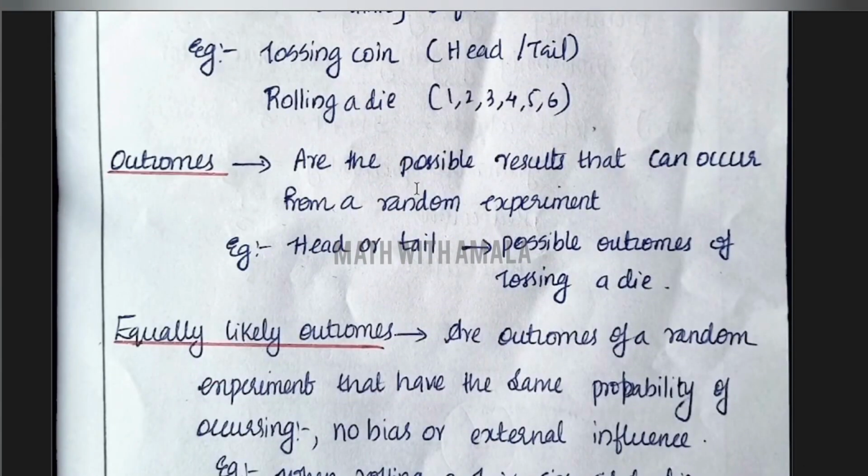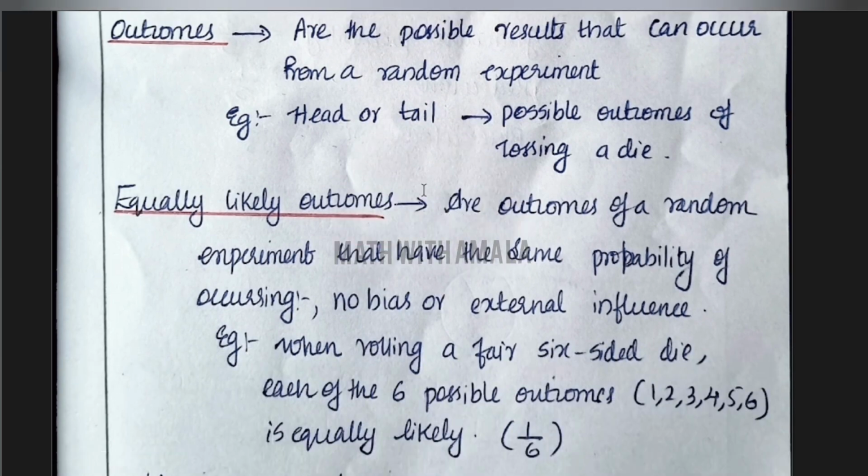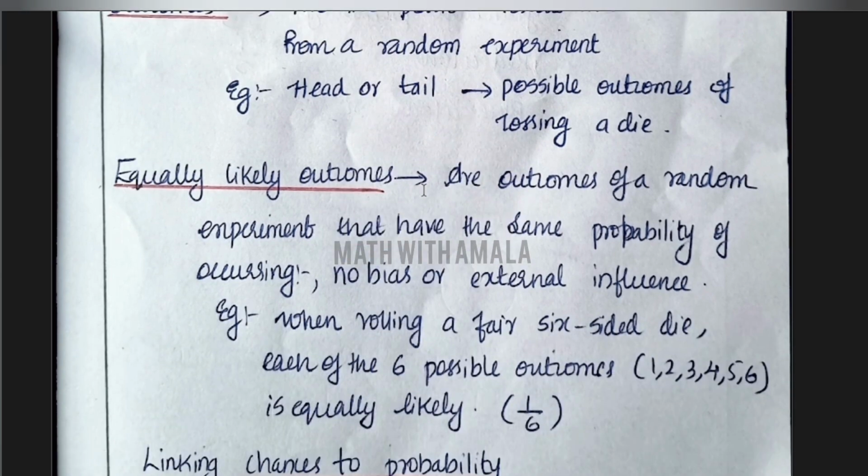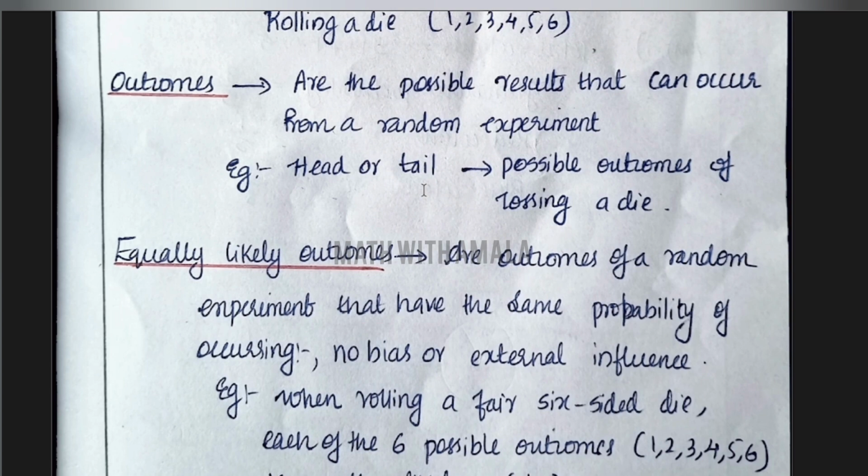For example, while tossing a coin, there is a chance for head or tail. Only these two chances are there. And in rolling a die, you have 6 chances. Likewise, it will range from 0 to 1. Now, what do you mean by outcomes? Outcomes are the possible results that can occur from a random experiment, like head or tail for the coin tossing experiment.